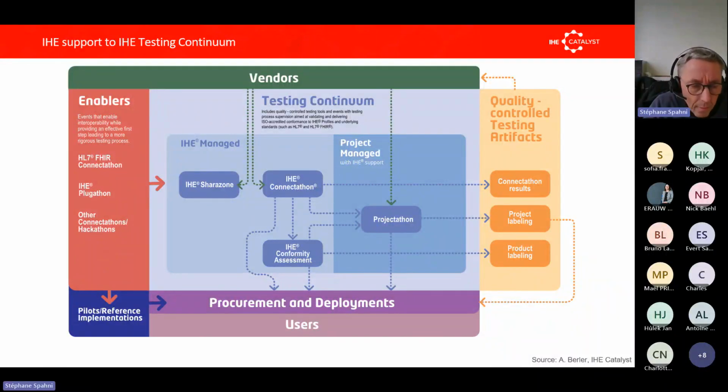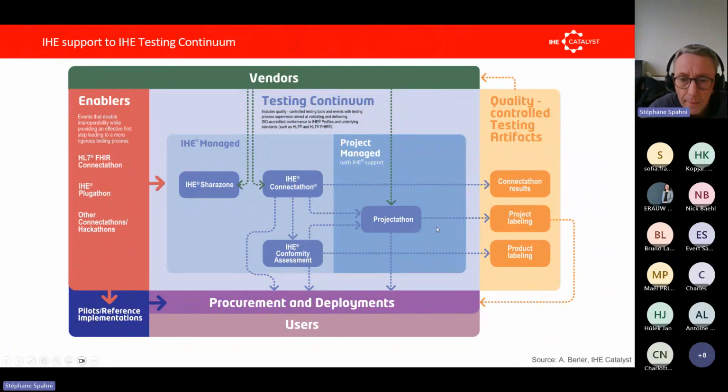Testing continuum is here for, as the name says, testing the implementations. And you have different parts, different building blocks for doing the testing. You have enablers. You can start by participating, for example, in the HL7 FHIR Connectathon, in Plugathons, other hackathons or other connectathons. Then the central part is the key tools parts of the testing continuum.